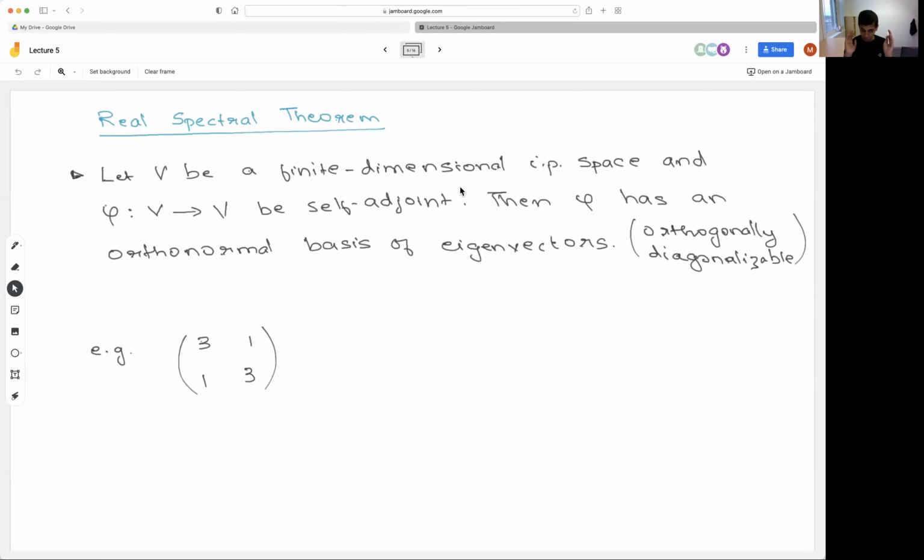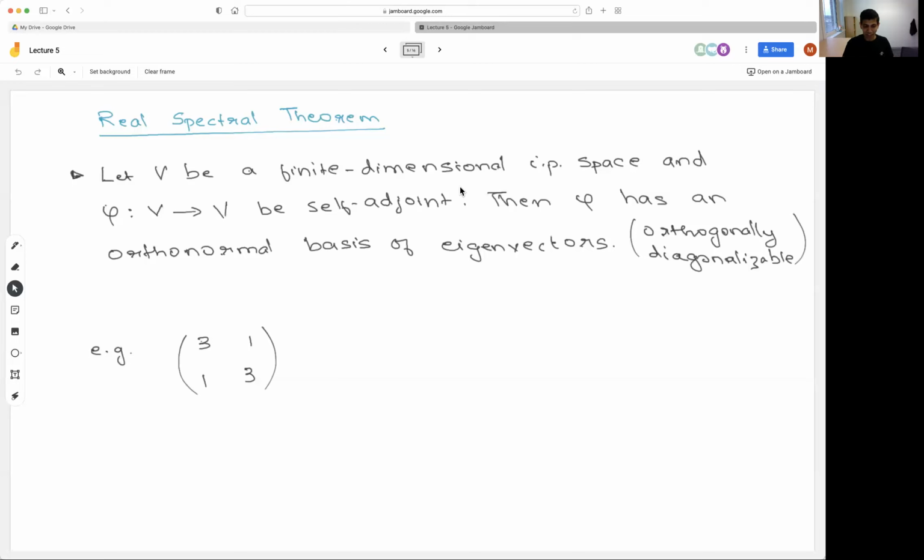You will have many eigenvectors. Each eigenvector will have an eigenvalue. And in fact, you can find an orthonormal basis of eigenvectors. So you can find enough eigenvectors to span the space, and they will form an orthonormal basis, which is very convenient to work with under the inner product.